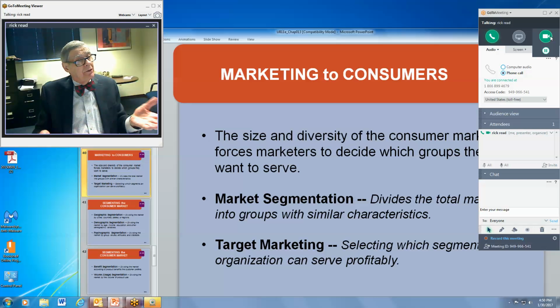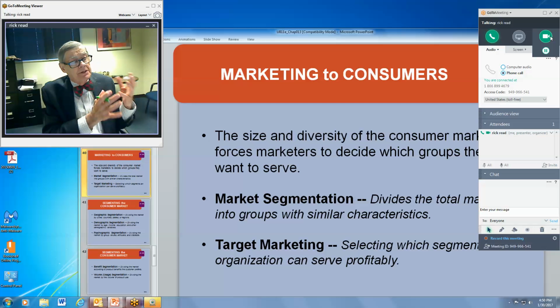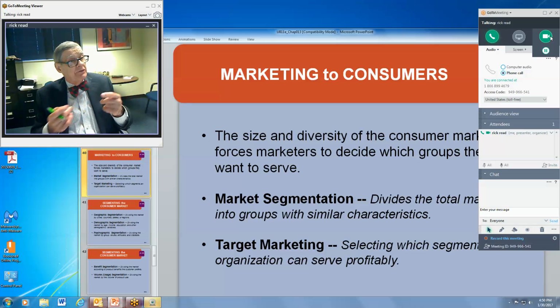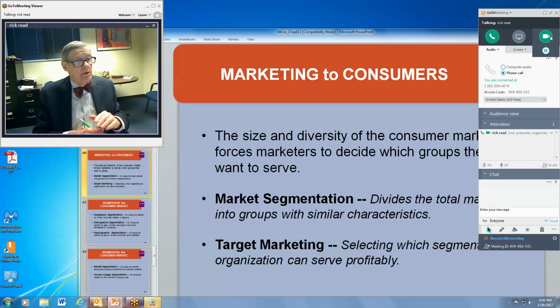Here, notice market segmentation is dividing the market and then making sure that you're getting the people that have the characteristics that you want to sell to. And target marketing is actually saying, okay, this particular market is going to give us the biggest return for our effort. We want to concentrate on that market.